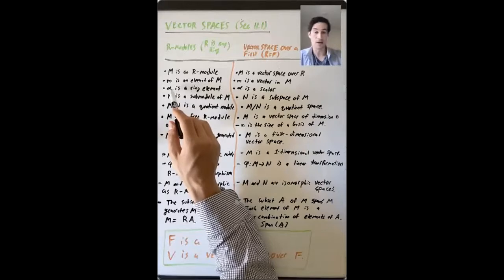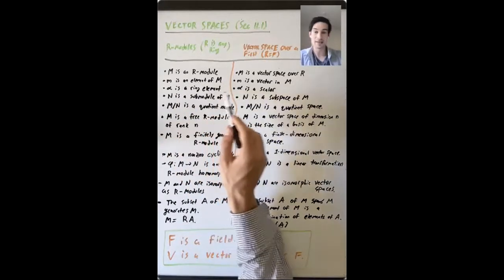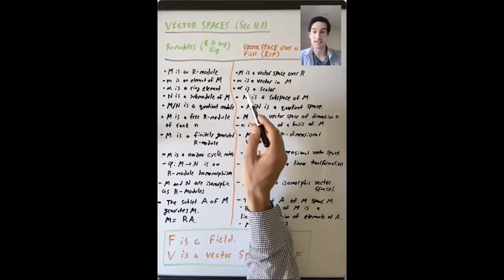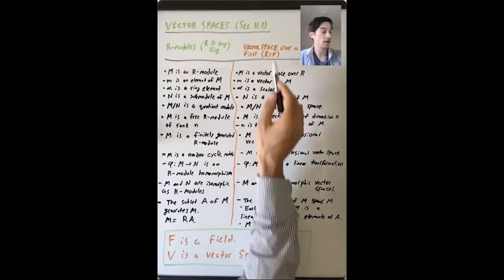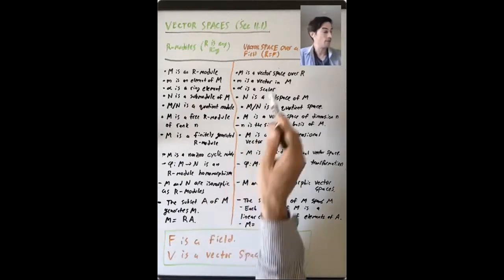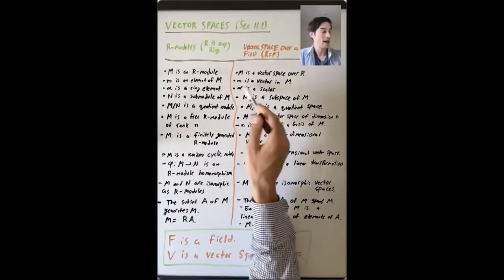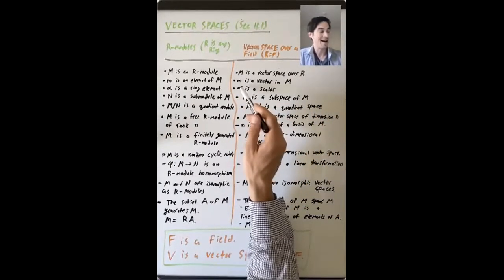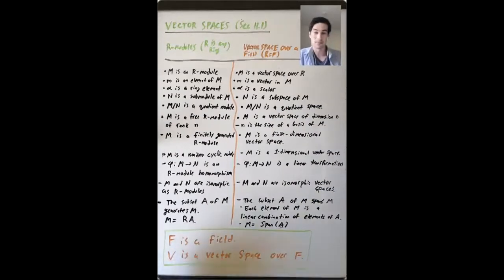For R modules, we talk about alpha being a ring element. For vector spaces, we talk about alpha being a scalar, an element of the field F. We have this scalar multiplication, this function from F cross M to M, and these field elements are called scalars.